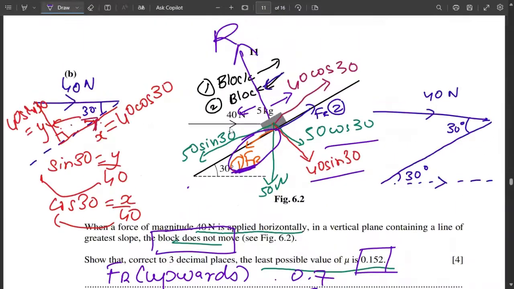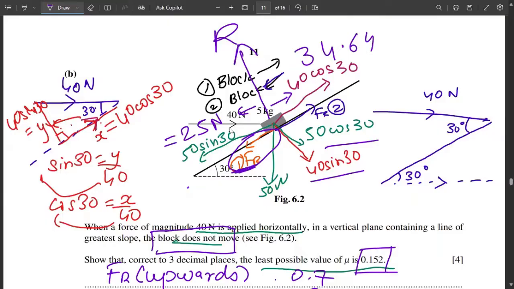Now, why did I select downwards? I hope you realize that 50 sin 30 is 25. I put that in the calculator and checked. And 40 cos 30, if I put that in the calculator, the answer is 34.64. That means the upward force is higher than the downward force.